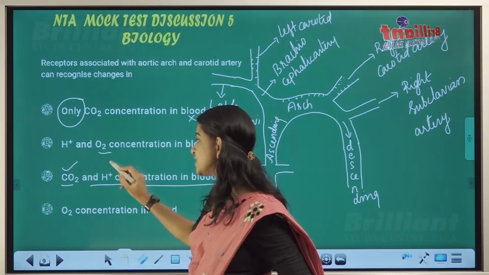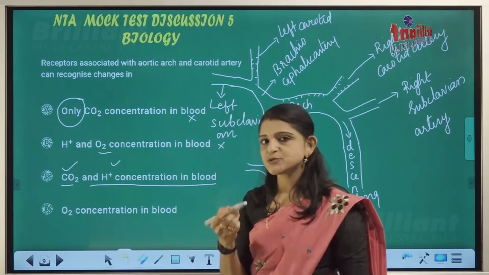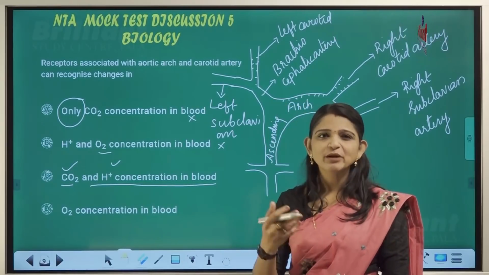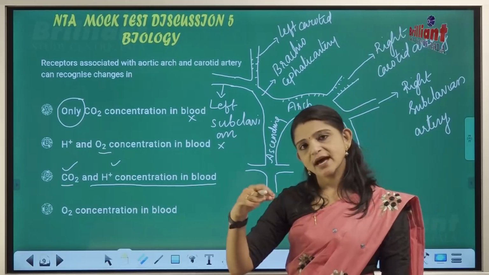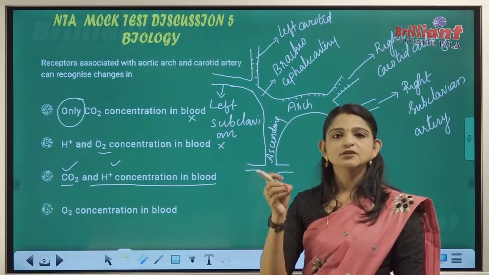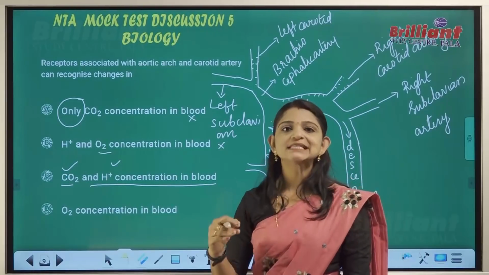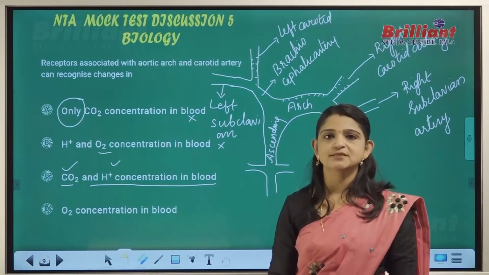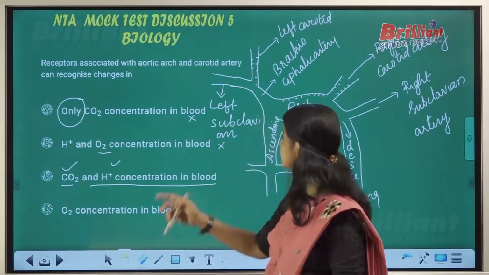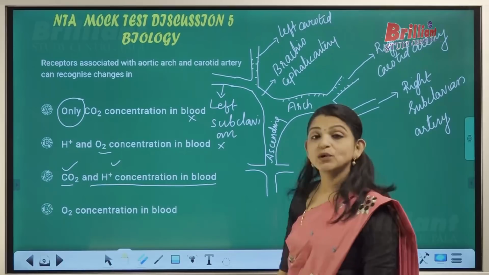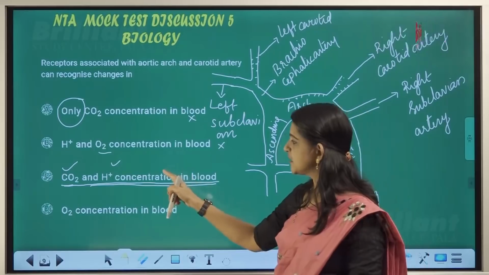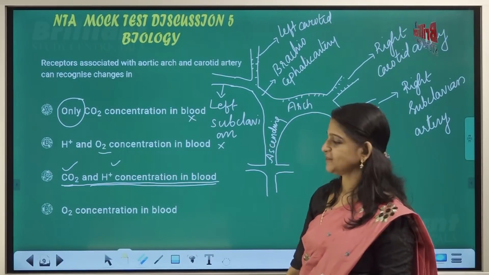Whenever the H plus concentration is increasing, acidosis will be the result and the blood will become more acidic. You know that blood has to maintain its pH of 7.4. So for maintaining the normal oxygen amount and also the pH, receptors are present in the carotid and aortic arches. So the answer option is carbon dioxide and H plus concentration in blood.